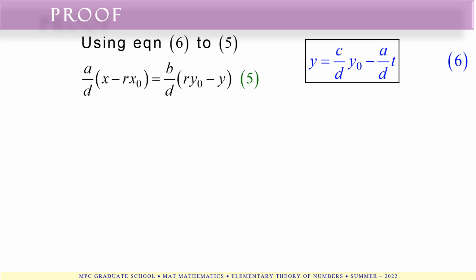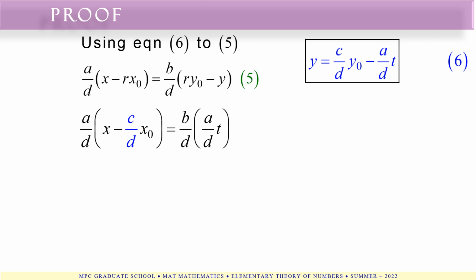Using equation 6 in equation 5, since y equals c over d times y sub 0 minus a over d times t, and equation 5 is a over d times (x minus r x sub 0) equals b over d times (r y sub 0 minus y), substitute r with c over d and r y sub 0 minus y with a over d times t.